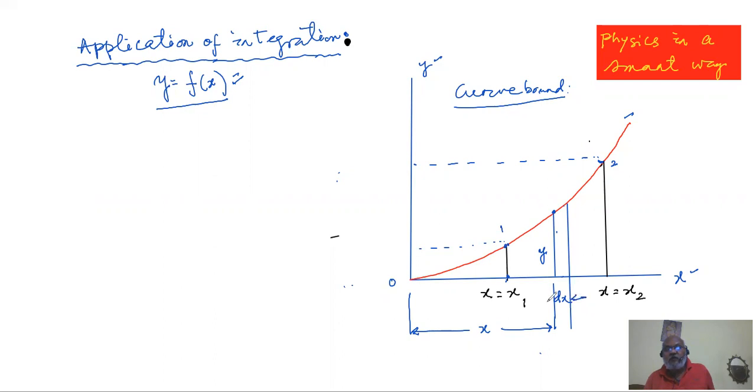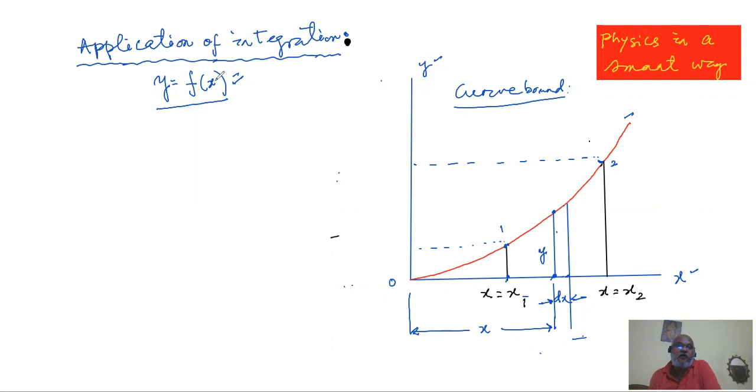This is dx, the point is slightly shifting. We have increased x by a very small amount, dx. So now this point that I am marking here has an x value that is x, and this point has an x value that is x plus dx.